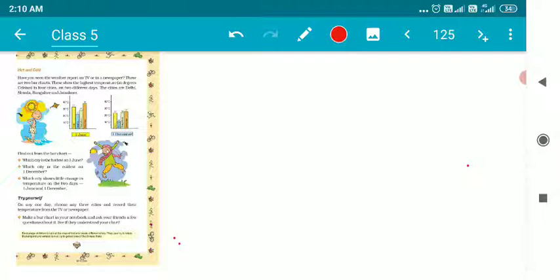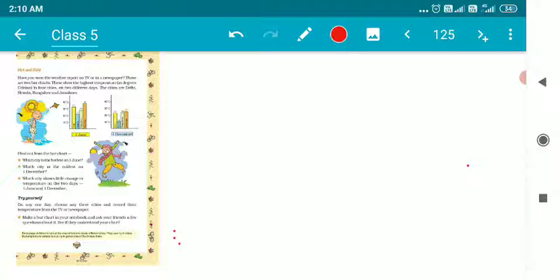Yes, we often hear the news in which we get the weather forecast, either on TV or in a newspaper. These are two bar charts. These show the highest temperature in degrees Celsius in four cities on two different days. The cities are Delhi, Shimla, Bangalore, and Jaisalmer.